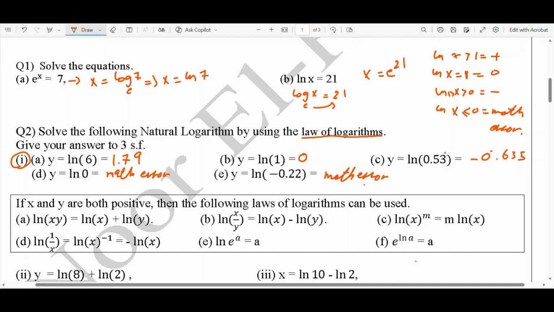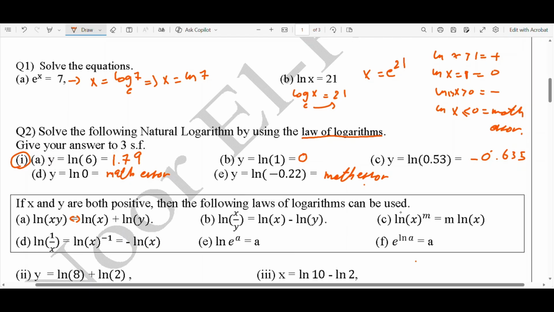According to that, because ln is a logarithm, and whatever that base is, the rules I applied for log will be the same rules applied for ln. Multiplication, addition. If I multiply x by y, the expansion will give me addition. If I divide x by y, the expansion will be negative.